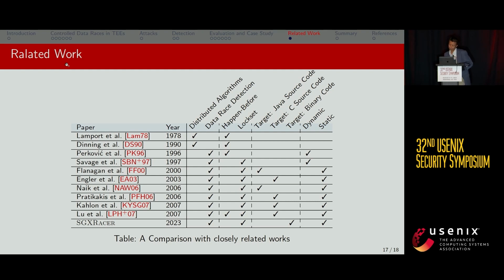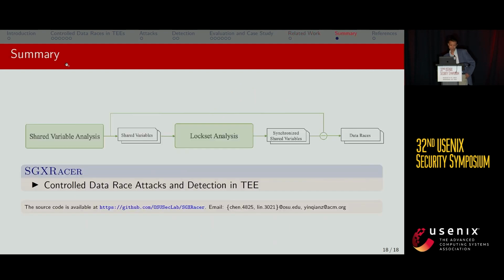The third dimension is the target. Other detectors work on source code, like Java or C source code, but our detector works on the binary only. And the last dimension is dynamic versus static. Our analysis technique is static, and others are some dynamic and some static.